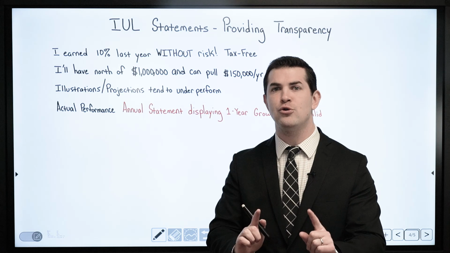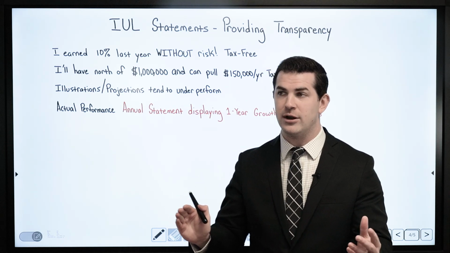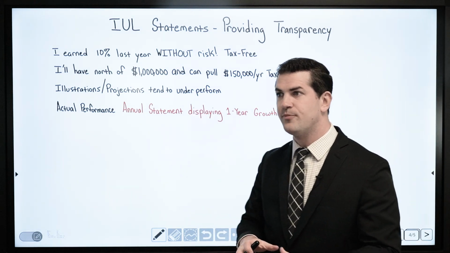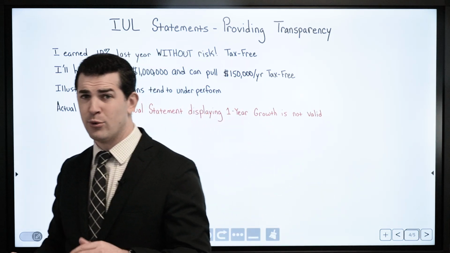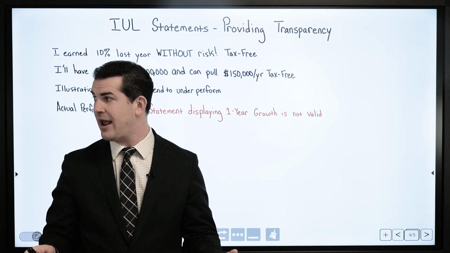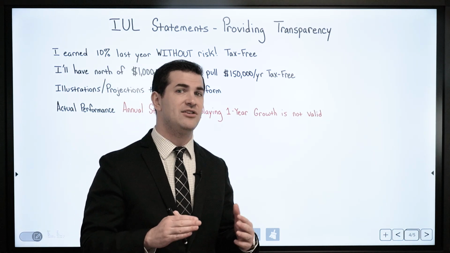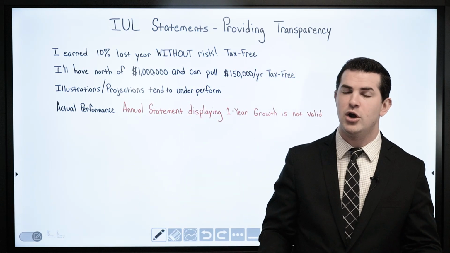But where buyer's remorse comes into the equation, and where it potentially does not work, and often does not work, is that those illustrations, projections, in terms of reality, tend to under-deliver. We're going to look at actual proof. Every IUL we've ever seen has under-delivered in terms of actual performance. And this is why we don't use them as a company. Once I see the proof, we'll consider it.